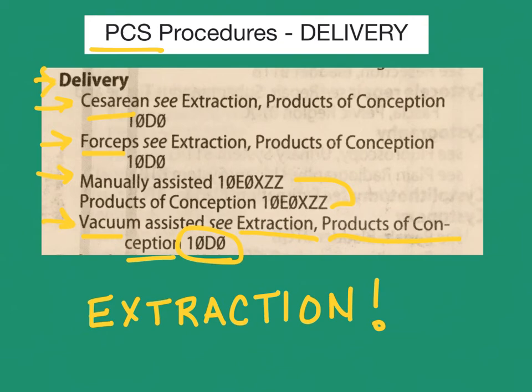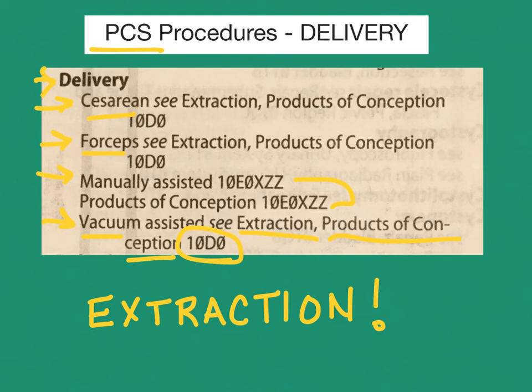So let's remember the root operation extraction. What is that definition? So remember, you always have these definitions with you in the appendix of your code book. Extraction is a pulling or stripping out all or a portion of a body part by the use of force.